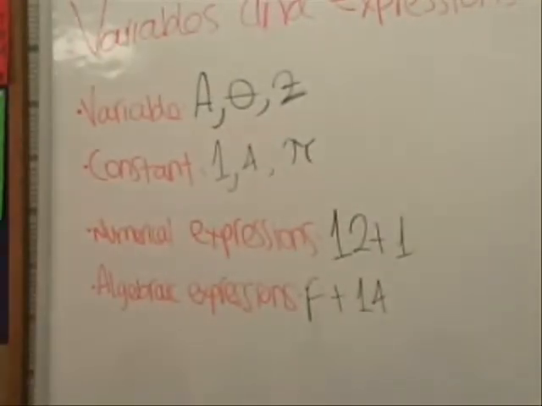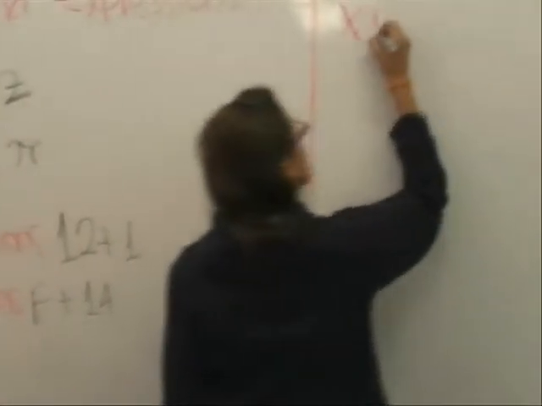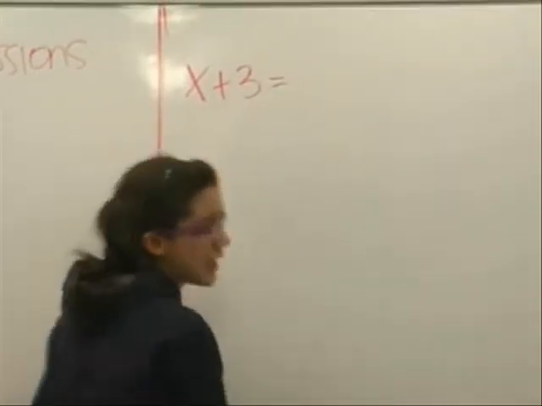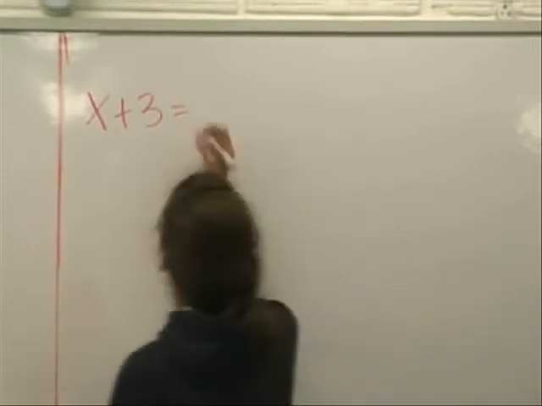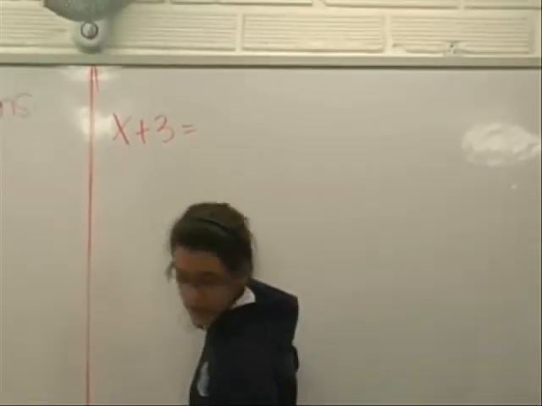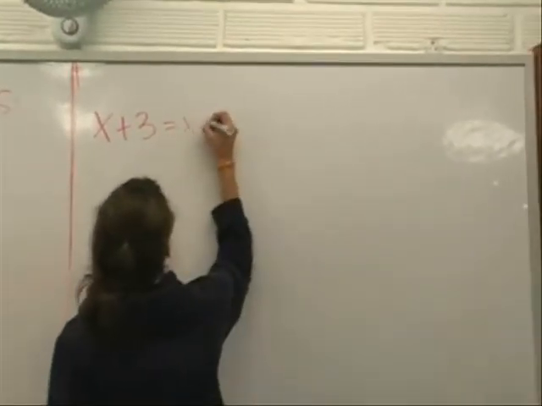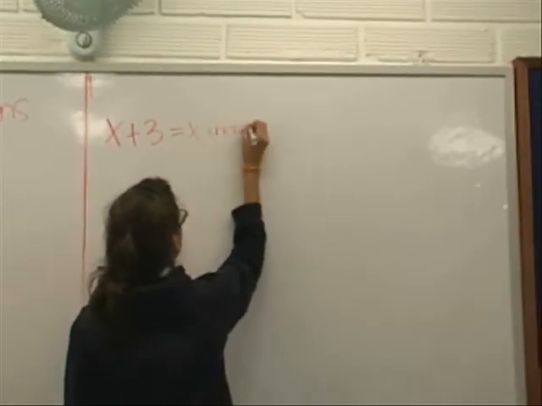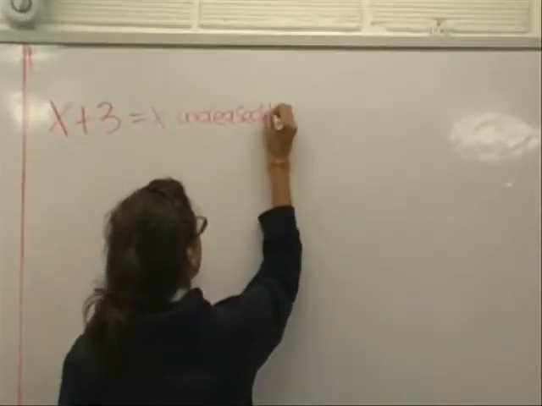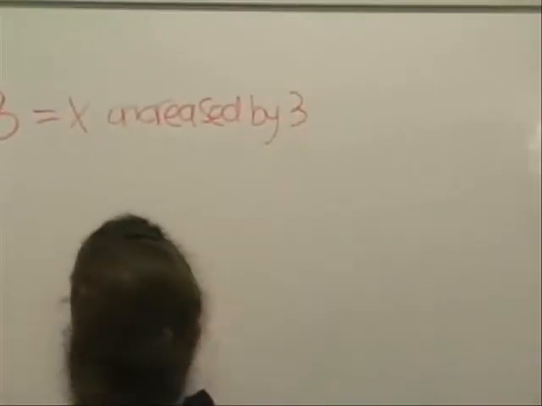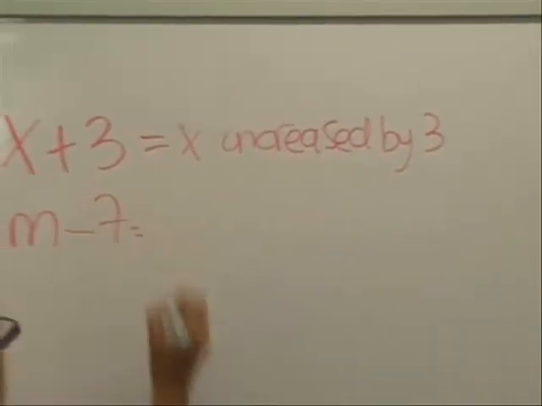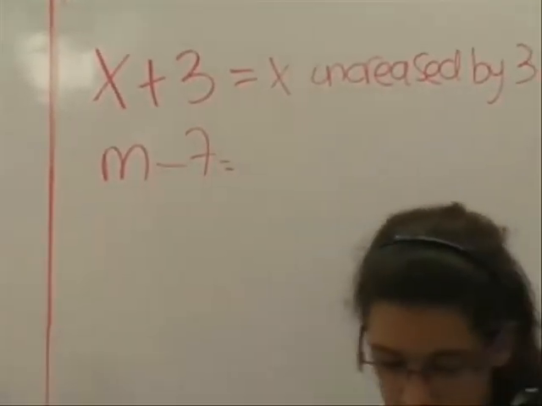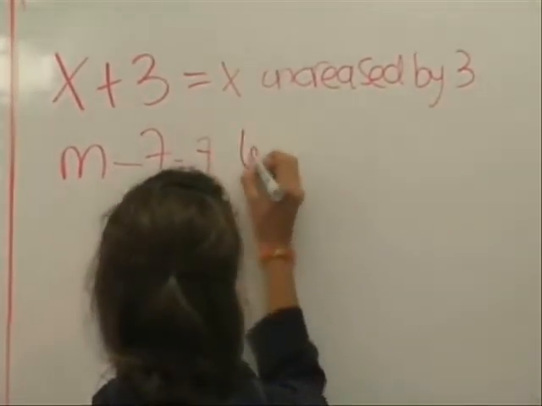So if you have this, you can say is x plus 3, the sum of x plus 3, or x increased by 3. For x minus 7, you can say is 7 less than x.